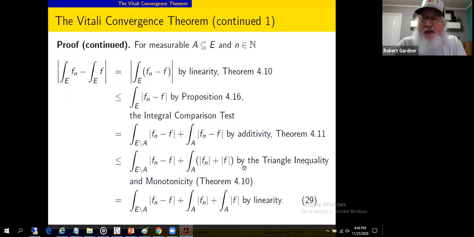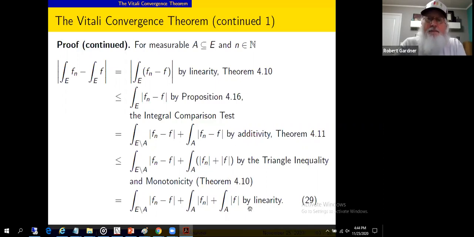Regular old triangle inequality for real numbers. You get a relationship between these two integrands, that one being less than or equal to this one, pointwise. Monotonicity then kicks in to say, okay, the integrals behave in the same way. And linearity from the appropriate setting lets us break this into a sum of integrals.